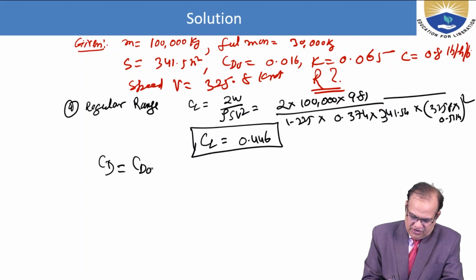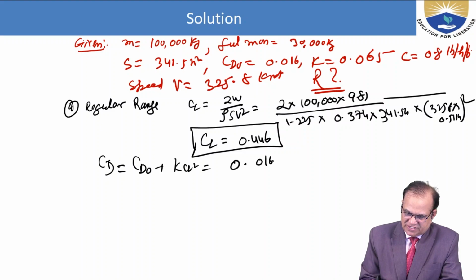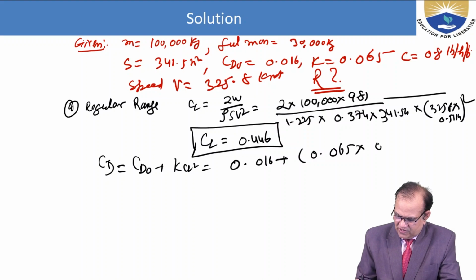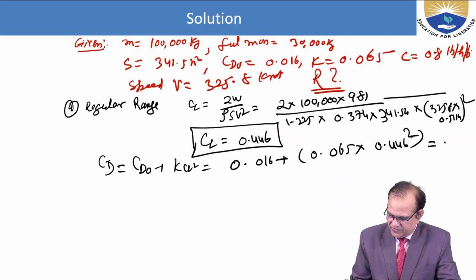Now CD is equal to CD naught plus K CL square. CD naught is 0.016 plus K is equal to 0.065, 0.446 square. So you will get this CD is equal to 0.0289.